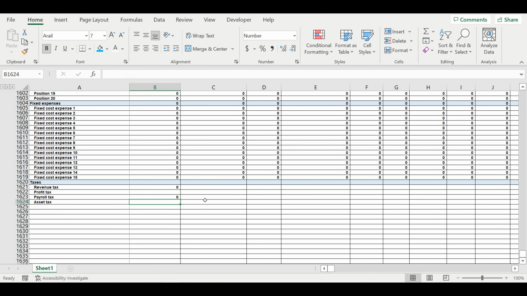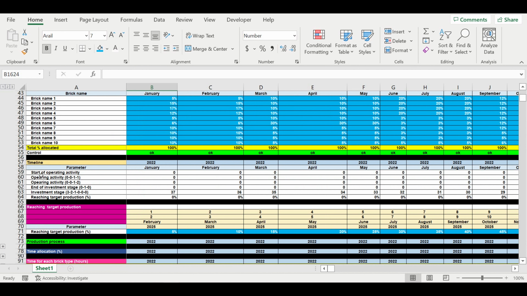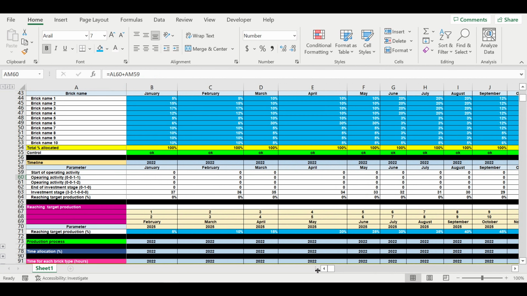Then asset tax. First of all, we have to find the timeline and see. Yeah, it works. So we will link the asset tax to the moment when we have operating activity. 0 means that we don't have operating activity, and 1 means that we do have operating activity at this moment.